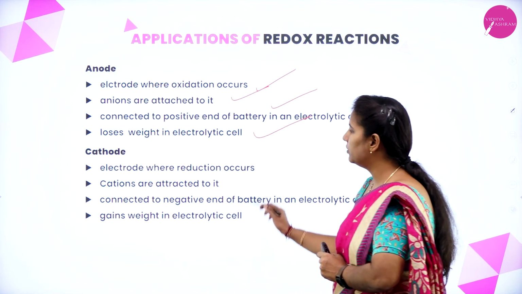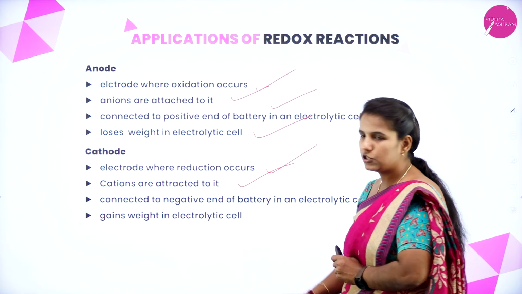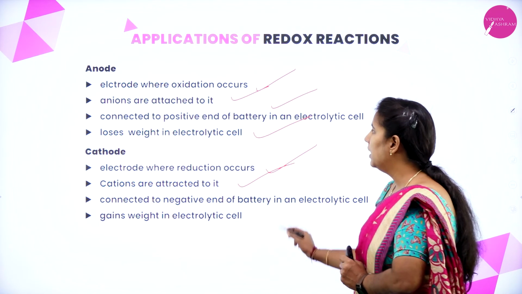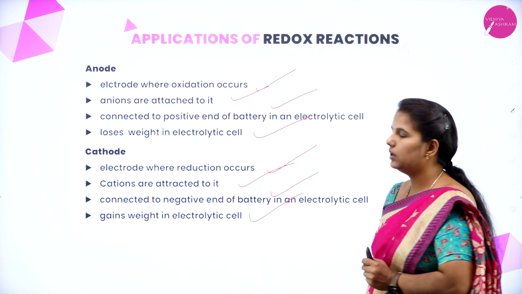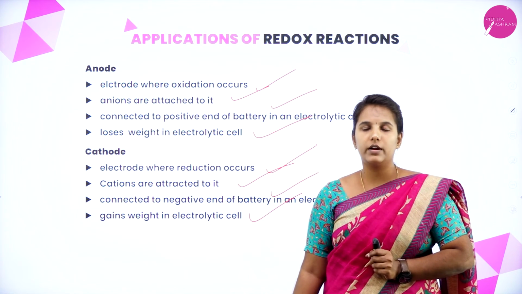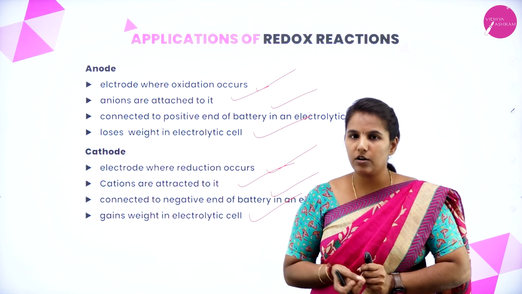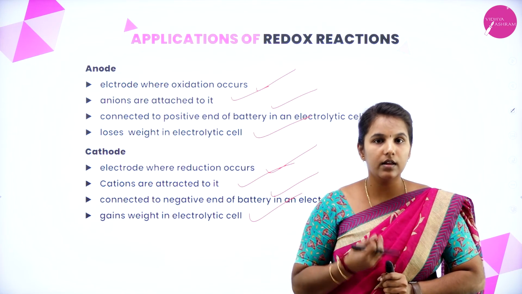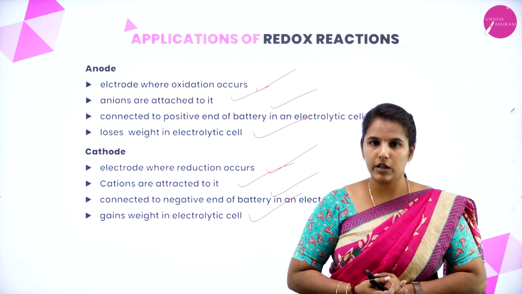Whereas at the cathode, electrodes get reduced and cations get attached to it, and it is connected to the negative terminal of the battery, and weight gain in the electrolytic cell will take place. This is how, by using electroprocessing also, the redox reaction plays a very important role to develop the potential.